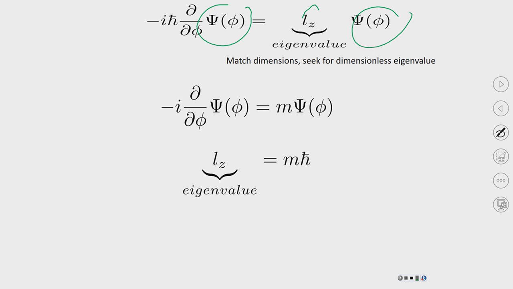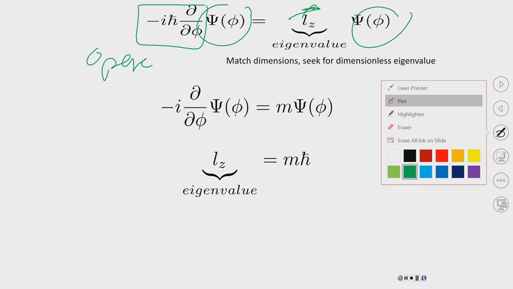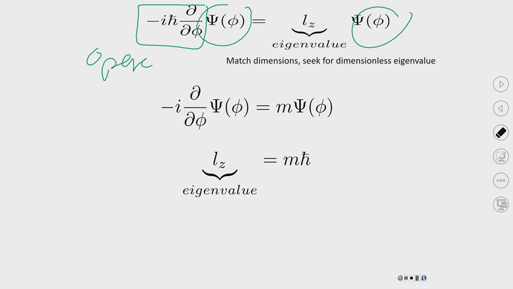I was a little scared because this thing looks very similar to a derivative over time, and for a second I thought we are not solving anything time resolved at this moment. So this is an operator. This is not an operator here. It's not an operator. Here is an eigenvalue. So LZ with a hat acting on the wave function gives LZ without a hat acting on the wave function.